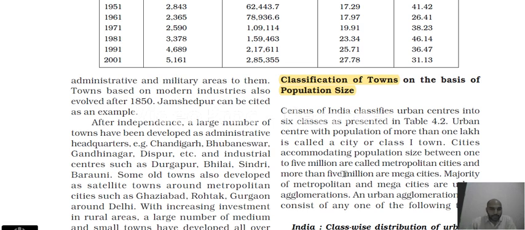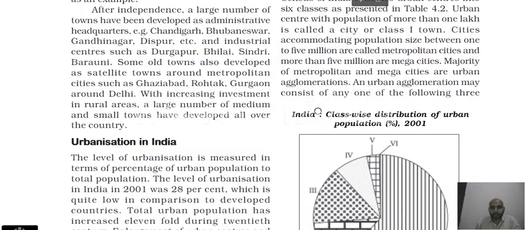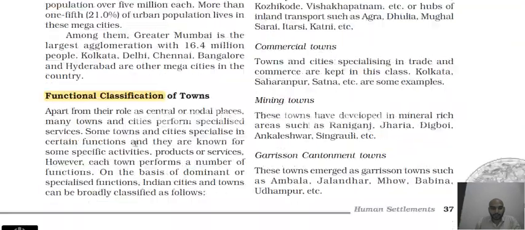The next topic which we have to study today is the classification of towns. In India, the classification of towns is divided on two bases. One is the population size, and the other one is the functional basis of that town.